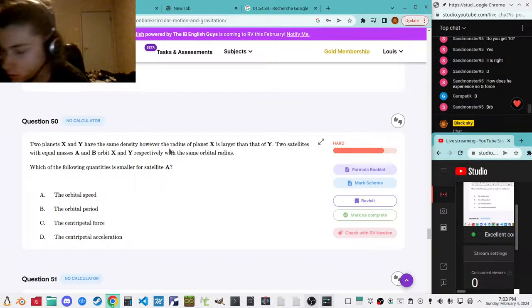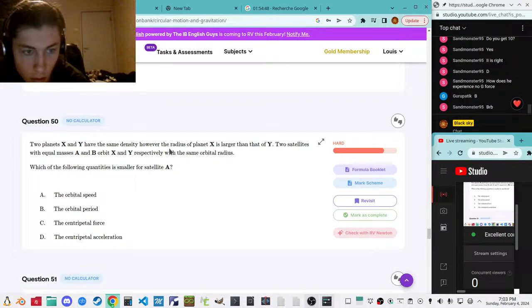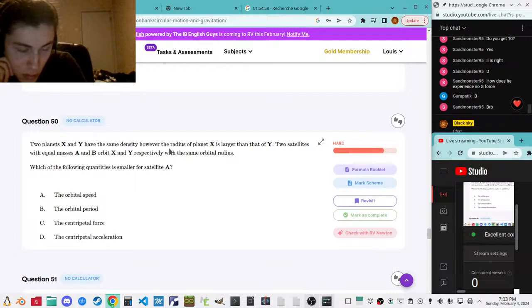However, the radius of planet X is larger. So A is going to have a smaller, A and B orbit X and Y. Oh, X is the one with the bigger mass, so A goes with the bigger one.